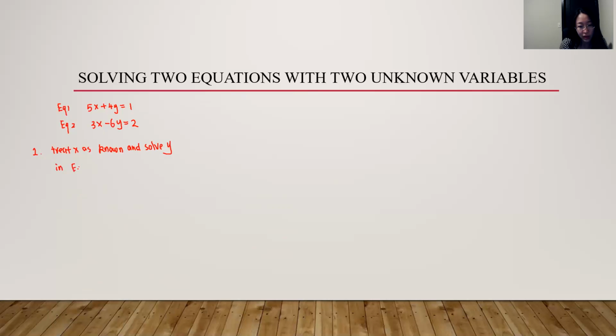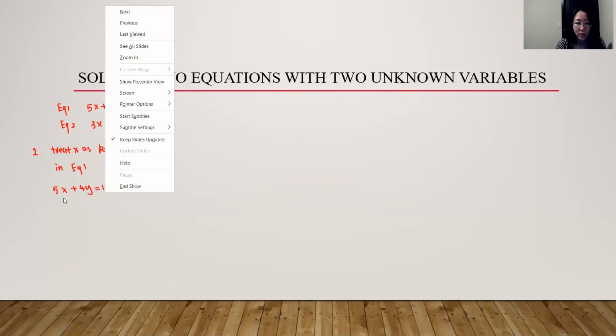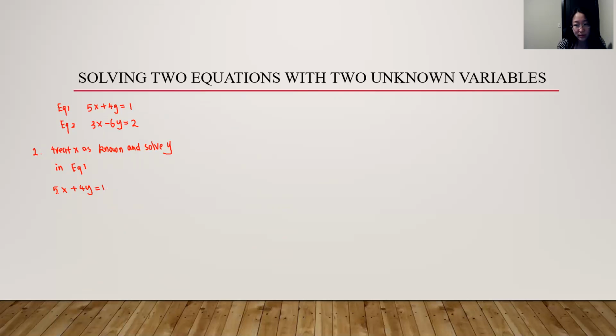in equation 1. So 5x plus 4y equals 1. We're going to subtract 5x from both sides of the equation to get rid of this 5x on the left-hand side of this equation. So 4y equals 1 minus 5x, because those 5x and minus 5x terms cancel out.